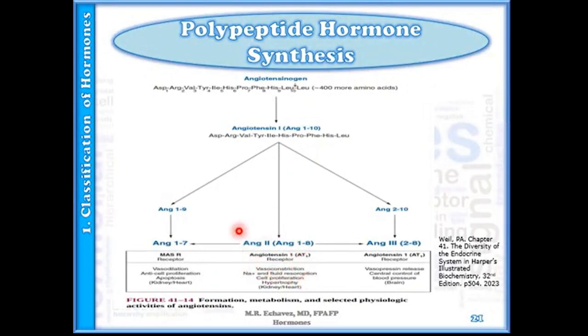If you take a look here, there's a nona-peptide version comprised of amino acids 1 to 9, and here amino acids 2 to 10. So furthermore, it can produce your heptapeptide, or here, another heptapeptide. So this is your angiotensin 3 that was mentioned earlier.